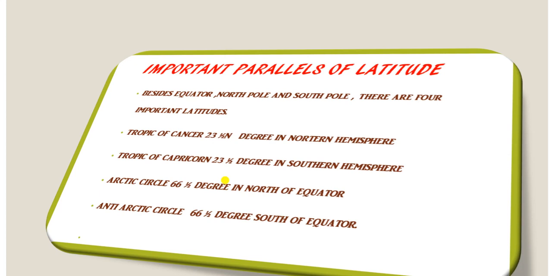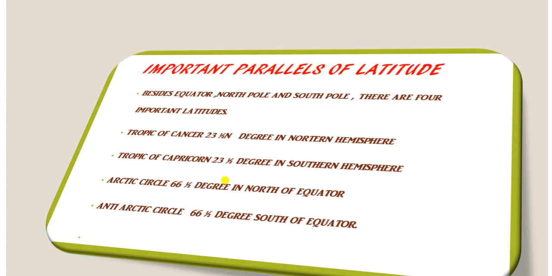When the northern hemisphere is close to the sun as far as its position is concerned with regard to the revolution of the earth around the sun, then the Tropic of Cancer comes close to the sun and assumes the title of virtual equator. In a similar way, due to the changing position of the earth, when the southern hemisphere comes close to the sun, it is the Tropic of Capricorn which assumes the title of virtual equator.